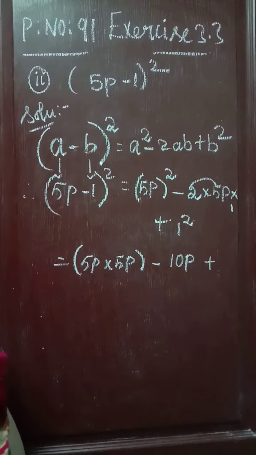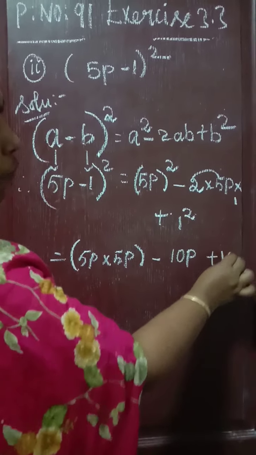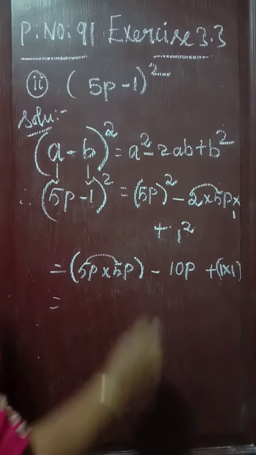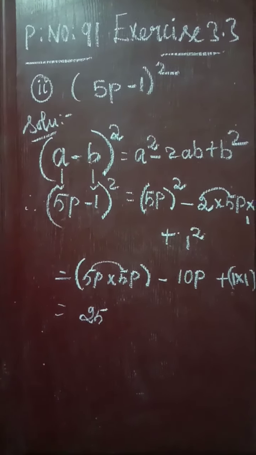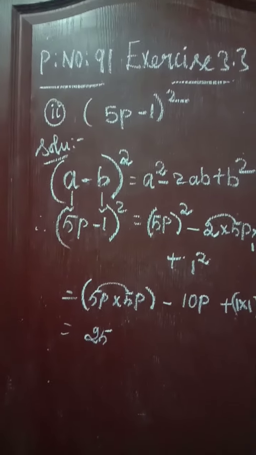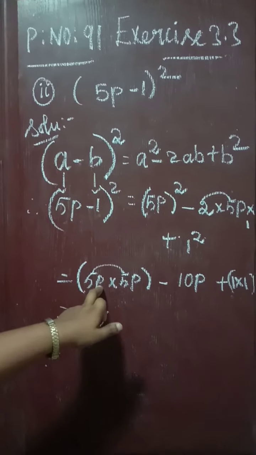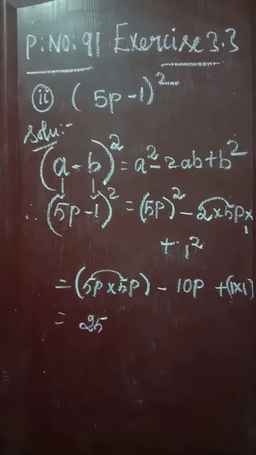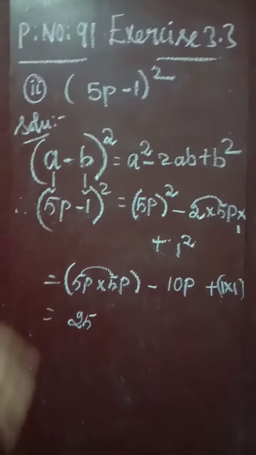Then 5 into 5, 5 fives are 25. P into P: in multiplication of the same variable we add the power, so p square.